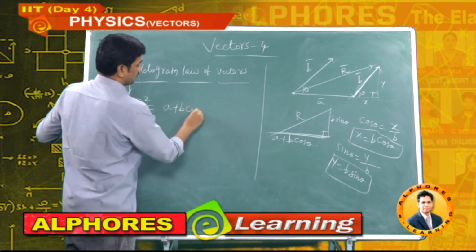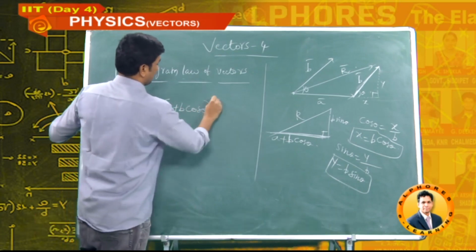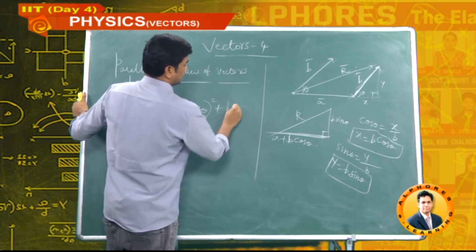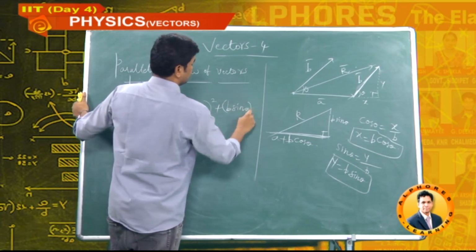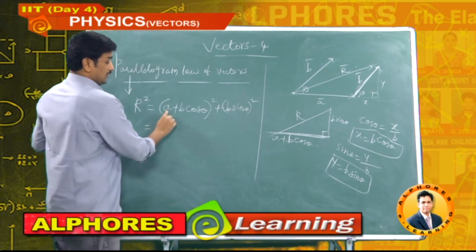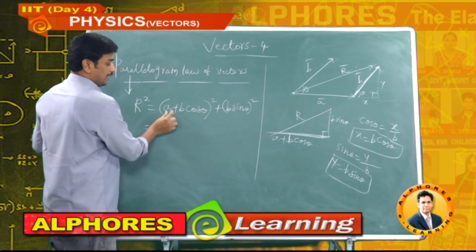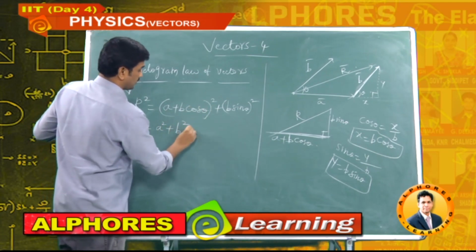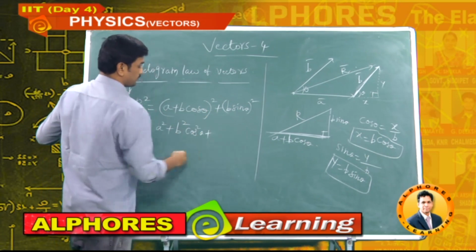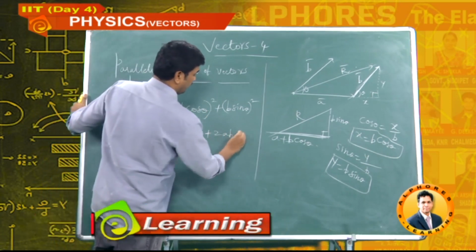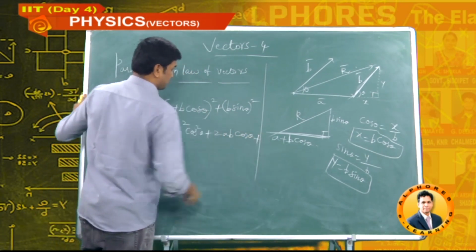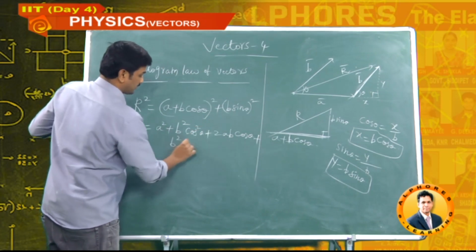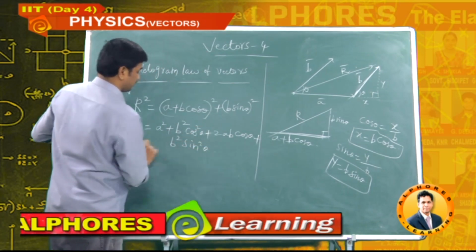A plus B cos theta whole square plus B sin theta whole square. Now A plus B cos theta whole square, like A plus B whole square: A square plus B square cos square theta plus 2AB cos theta plus B square sin square theta.